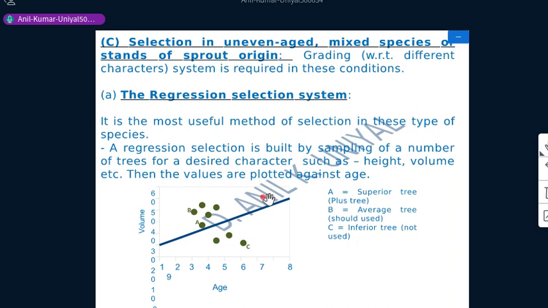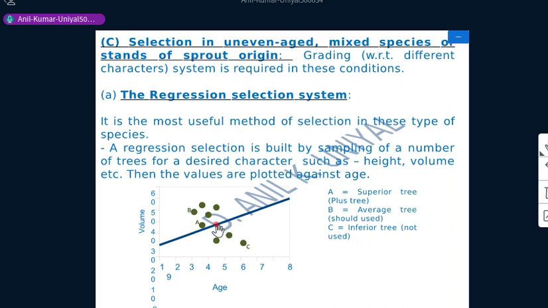A regression selection is built by sampling a number of trees for a desired character, like volume, and age are mentioned here in this example, and then the values are plotted against the age of the tree. Values of volume are plotted here, and the trees that are nearby or in the vicinity of this regression line are considered for selection, and the trees that are far away from the regression line are considered inferior and should not be used for selection.